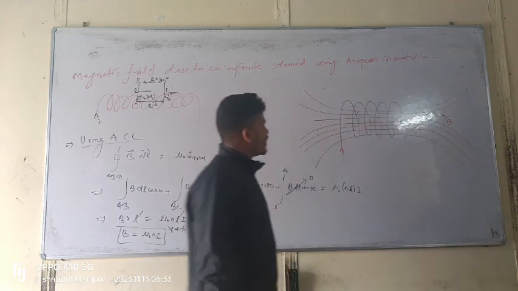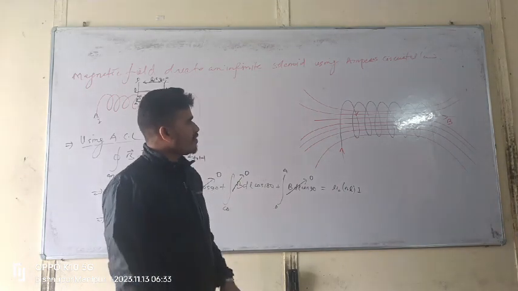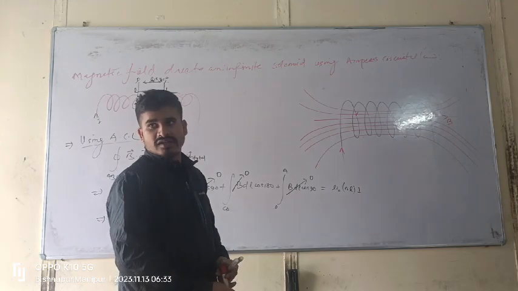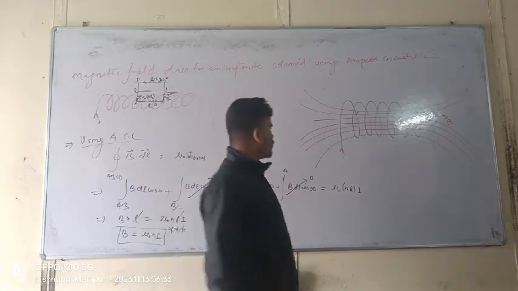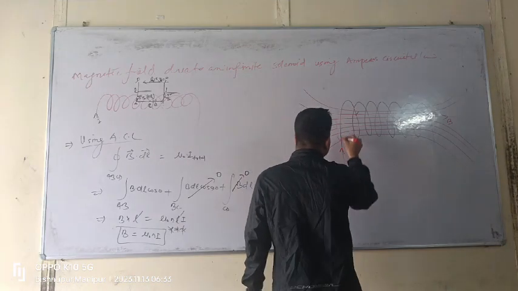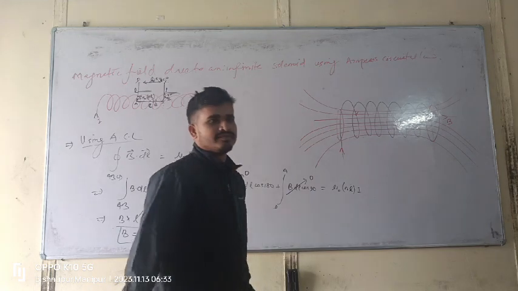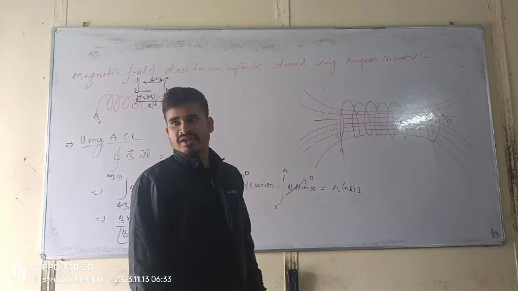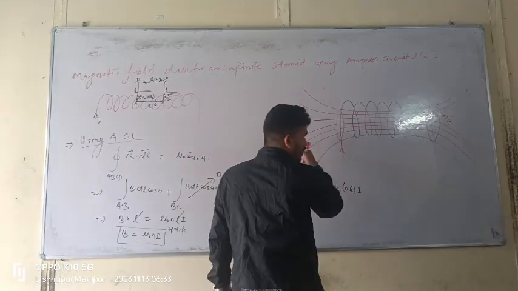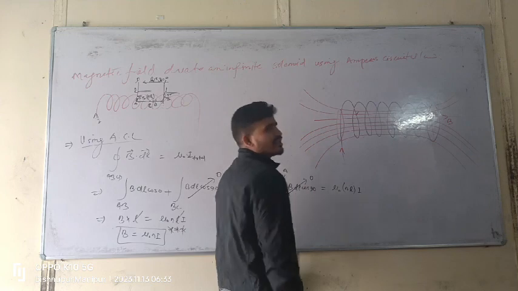This is uniform inside the solenoid but not uniform outside the solenoid. Here, is it uniform? Not, na? Means at the end, is it uniform? No. Actually it was decreasing, na? Just at the end it is uniform. Just beyond that it is not uniform.